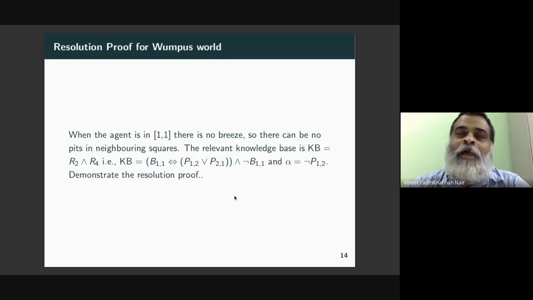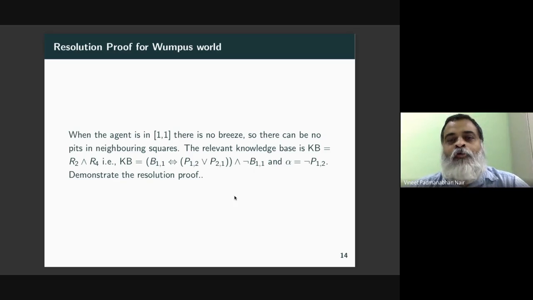I am moving back to the Wumpus world example. We saw a model-based proof. We also saw theorem proving based proof, as well as model checking based proof. But now you are going to see a resolution based proof for the same example.